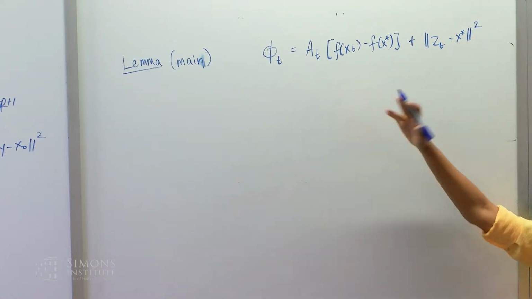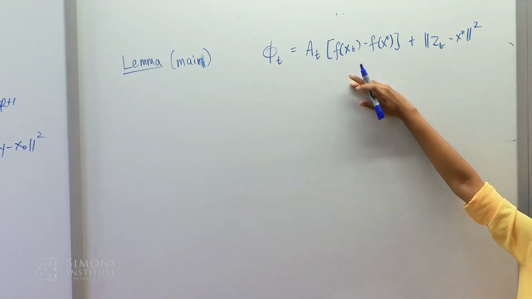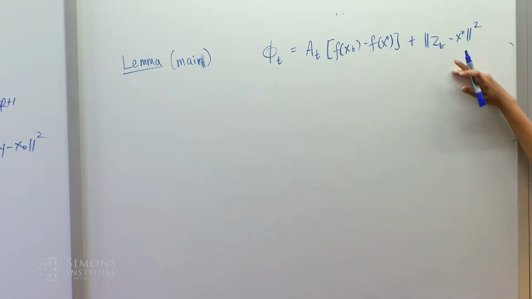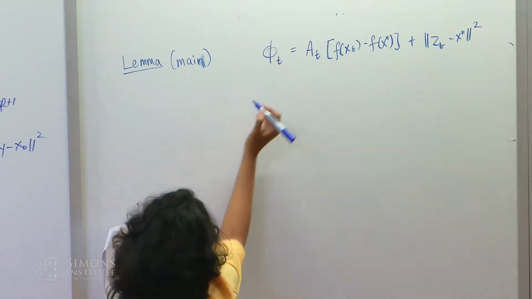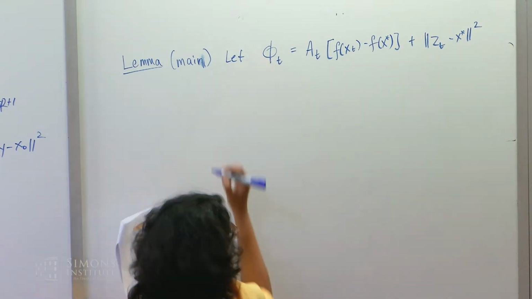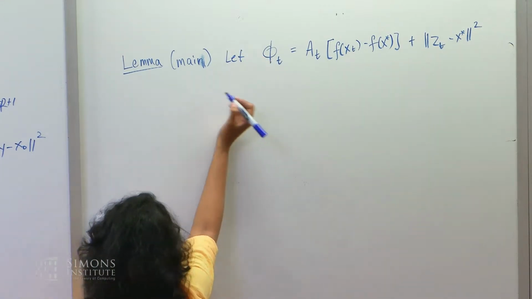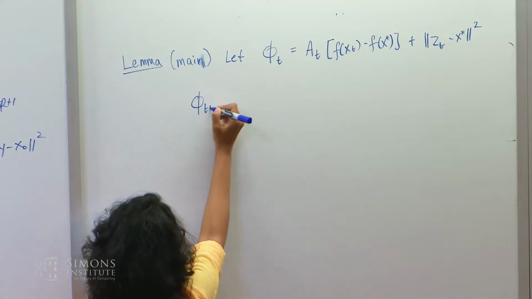The potential function is tracking how much you have gone down in the function value and how close you are to the optimum. And what we can prove is that phi t plus 1 is bounded like this.